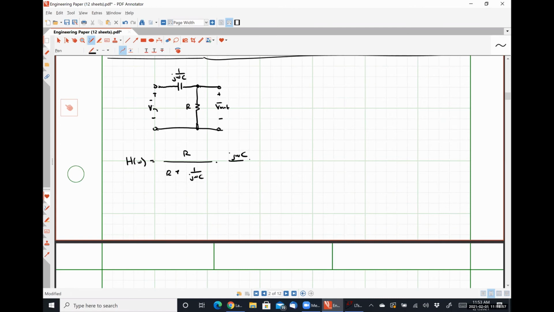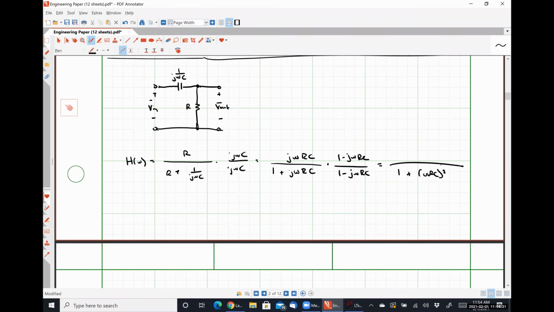If I multiply the numerator and denominator, I get j omega RC divided by 1 plus j omega RC. If I multiply this then by 1 minus j omega RC over 1 minus j omega RC, I'm going to get a denominator of 1 plus (omega RC) squared.